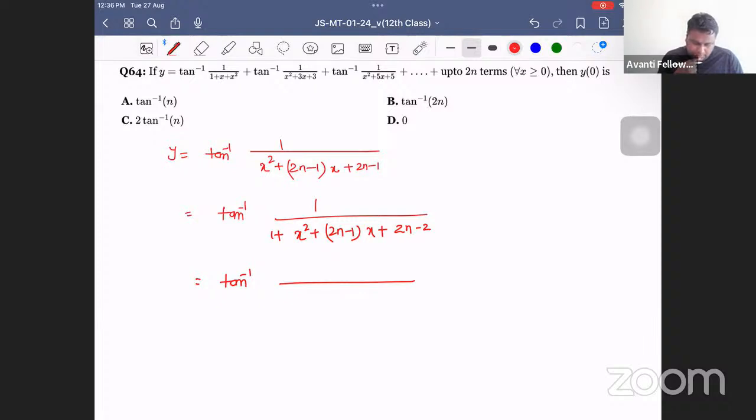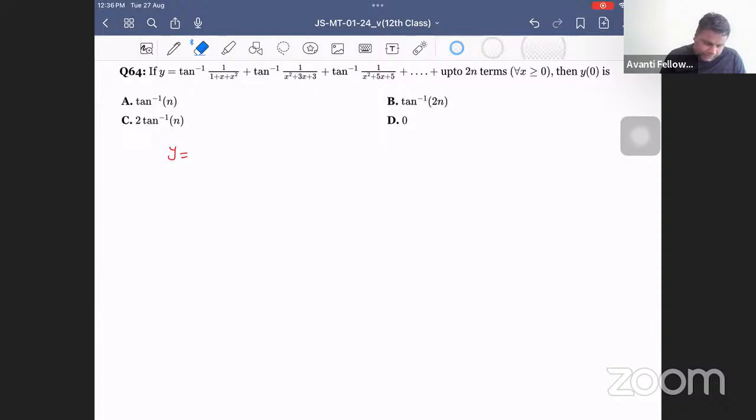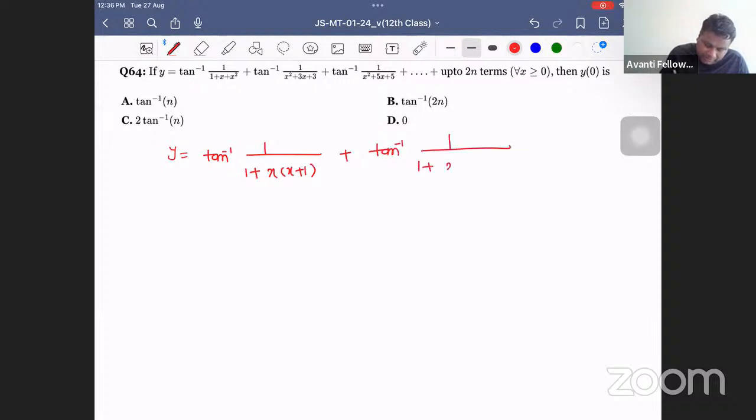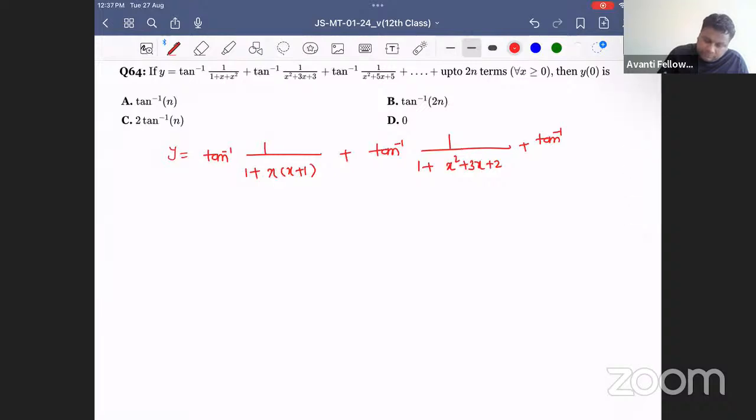There is some problem. Okay, if I don't do it this way, if I do it like tan inverse of 1 upon 1 plus x into (x plus 1), plus tan inverse of 1 upon 1 plus (x square plus 3x plus 2), plus tan inverse of 1 upon 1 plus (x square plus 5x plus 6).